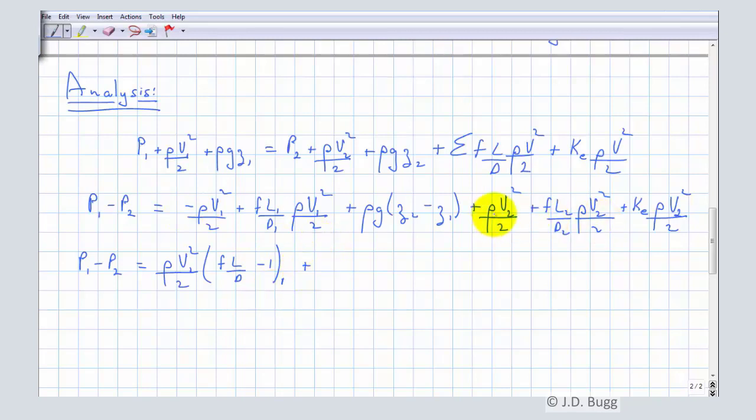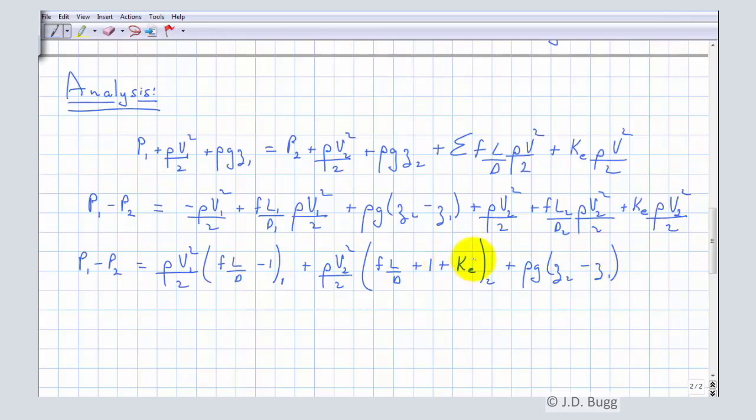Plus something very similar in pipe 2. I'm just going to do this part next. So rho V2 squared over 2. Our frictional losses, FL over D. Our kinetic energy term, which is just 1, plus this exit loss coefficient. And that's all for pipe 2. And then we also have our elevation change, plus rho g Z2 minus Z1.